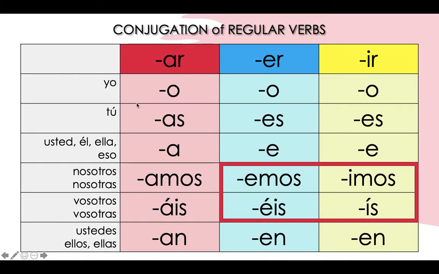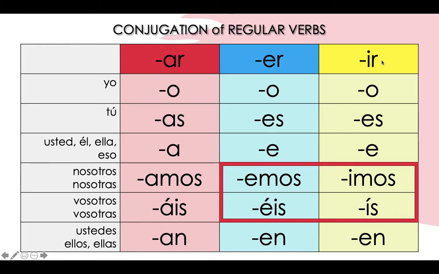All right, just to sum up really quick, the conjugation of the regular verbs that we have so far. As we know from our song, and we've been practicing, AR conjugations mean that the word is here, and then you replace this AR with o, as, amos, áis, an.